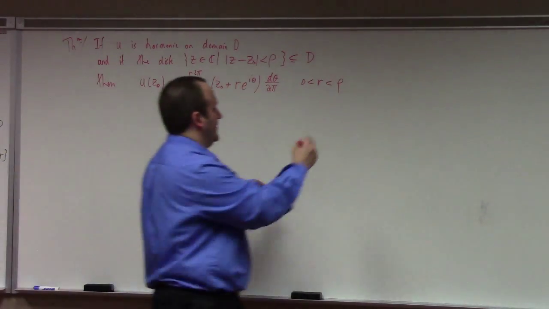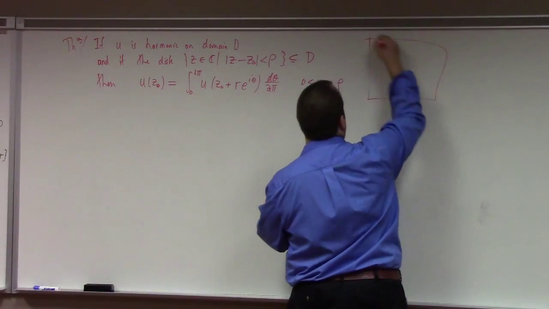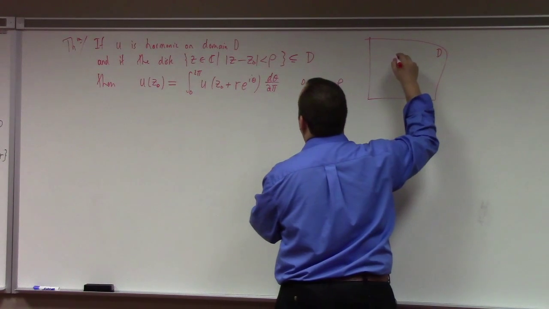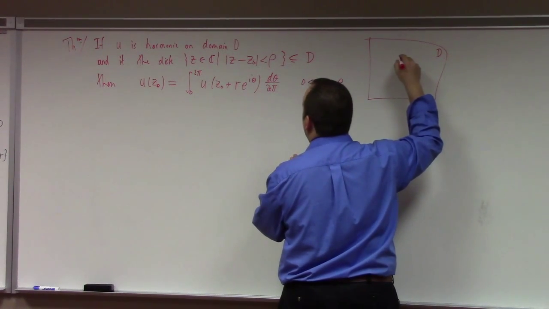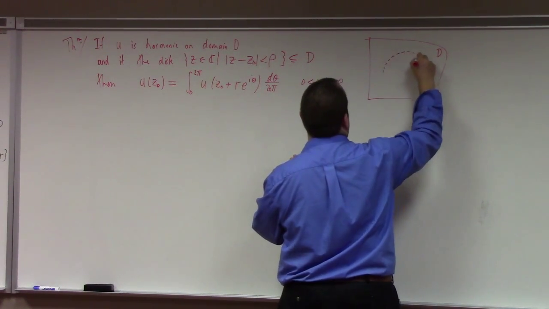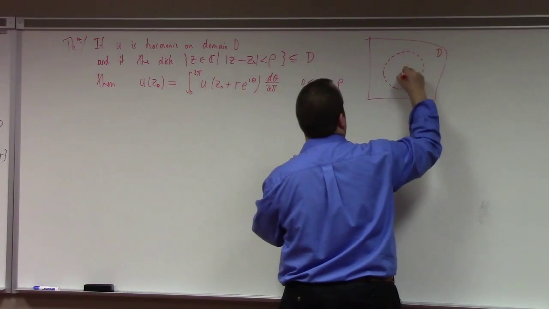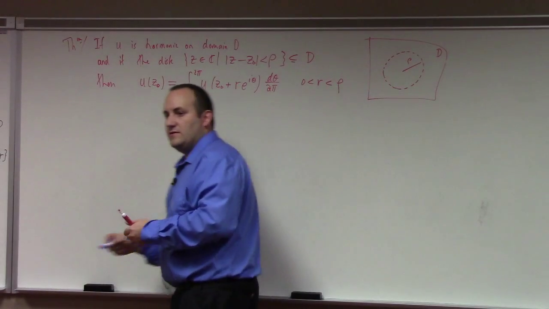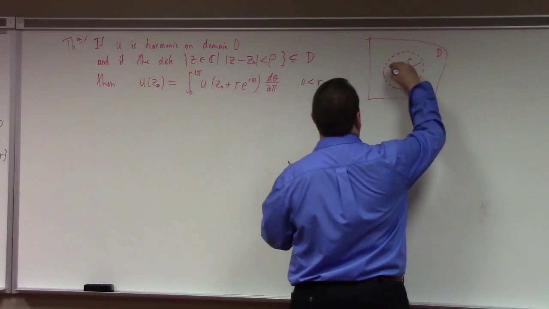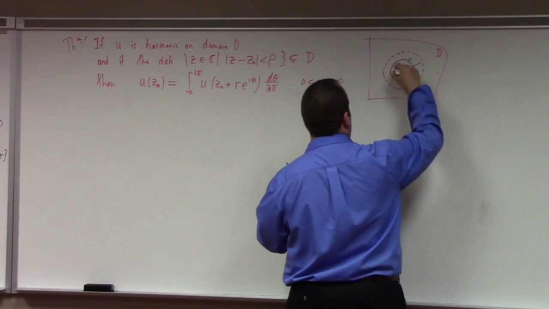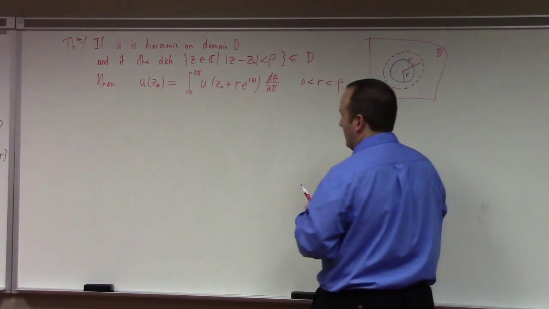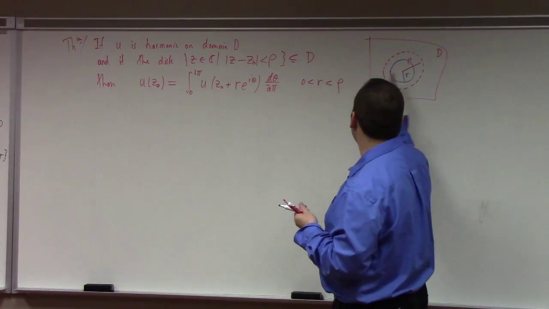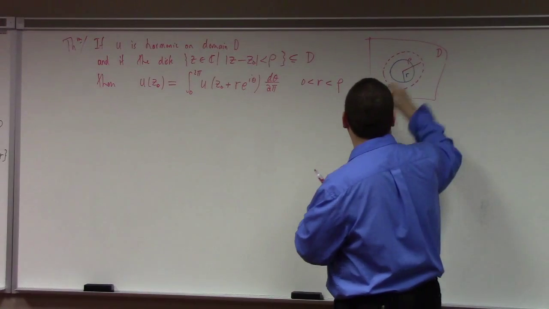So here's a picture. Here's D. Here's the disk of radius rho, and we're saying you can run the average on any circle in here of radius r like that. So for any r between 0 and rho, the center here is z naught.